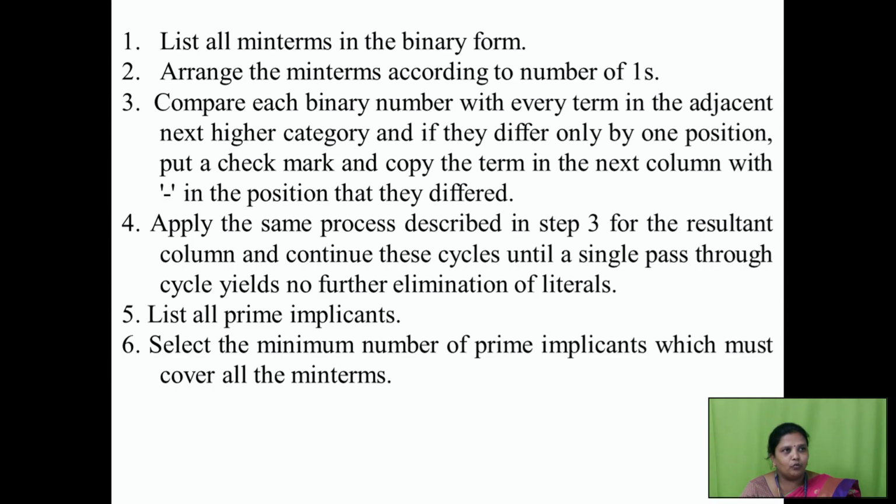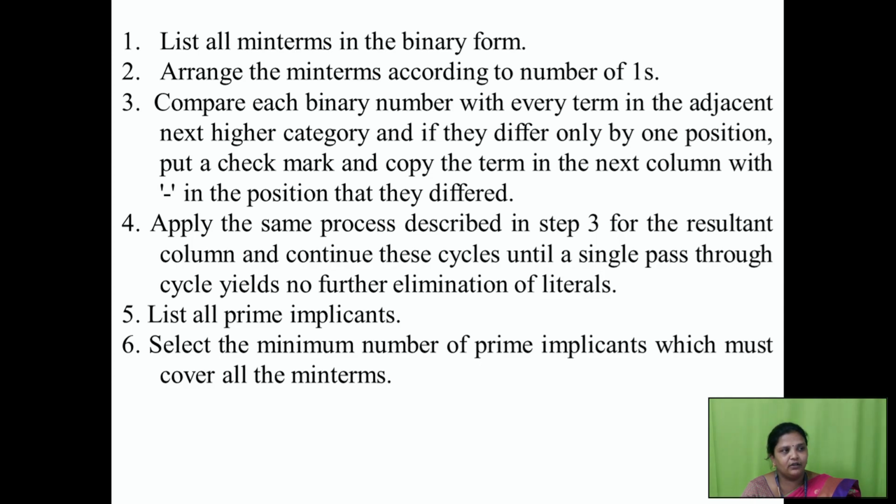If only one position is differing, we put a check mark, and where the position is changing, we put a dash. At the same time we write it in the next column. Then we apply the same process until no further elimination of literals. Next we list all the prime implicants, and select the minimum number of prime implicants which must cover all the minterms.